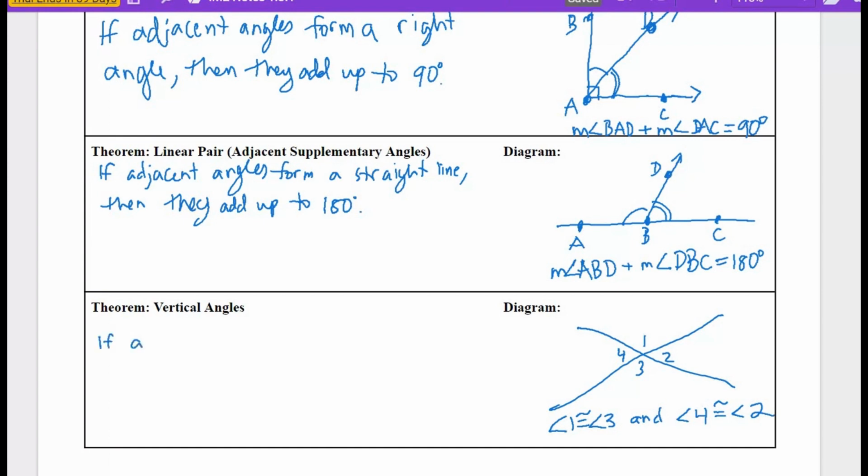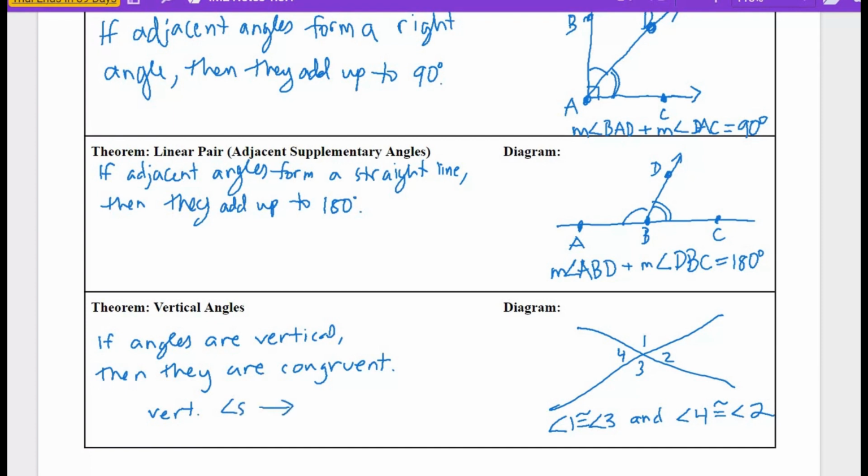If angles are vertical, then they are congruent. You can write that as vertical angles are congruent angles. That's our last theorem.